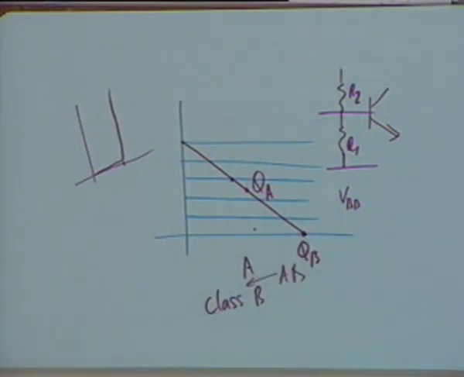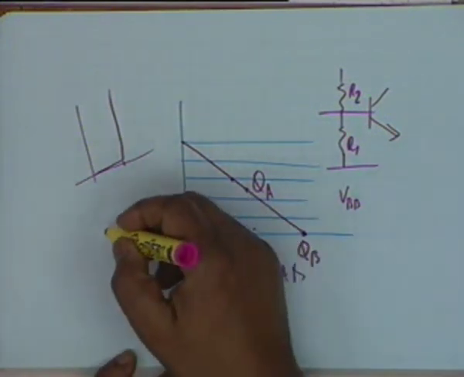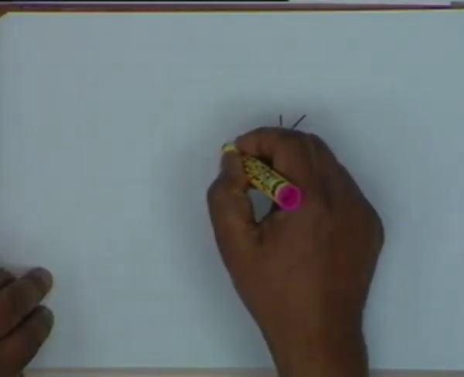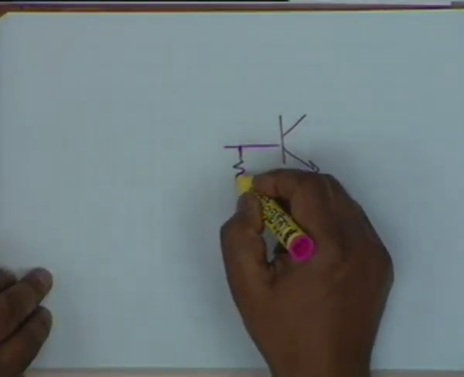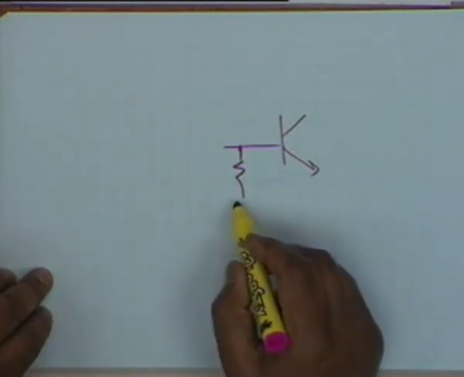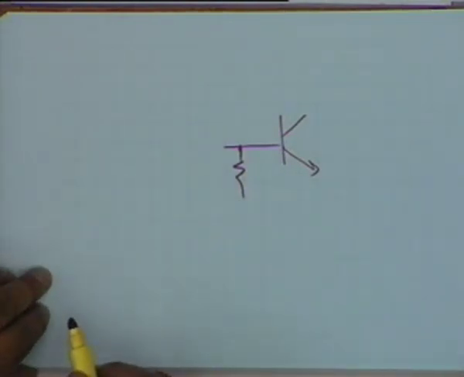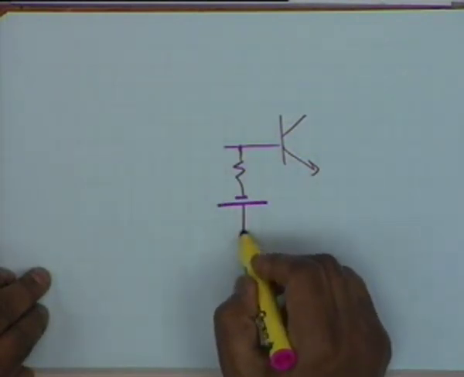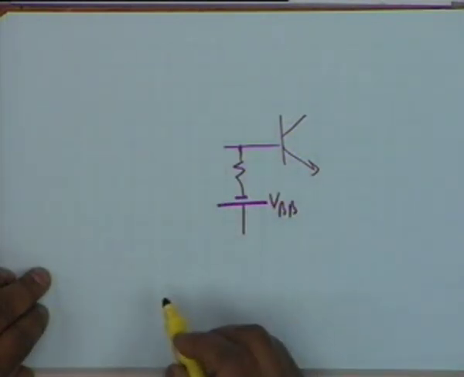Now suppose you go to the other extreme, that is, you take a transistor, let us look at the base circuit only. Suppose instead of a positive VBB you connect a negative VBB, all right.